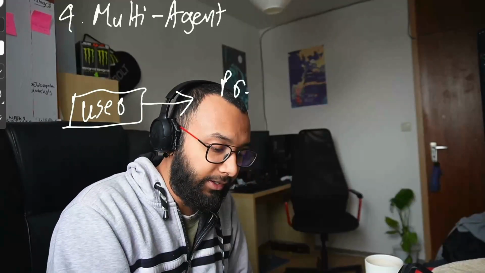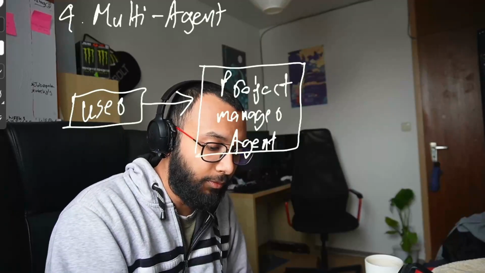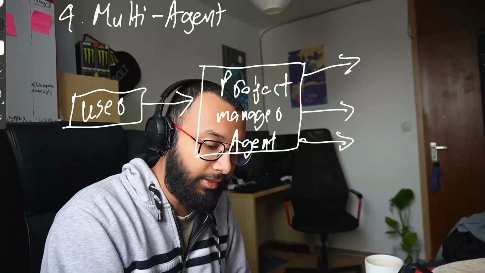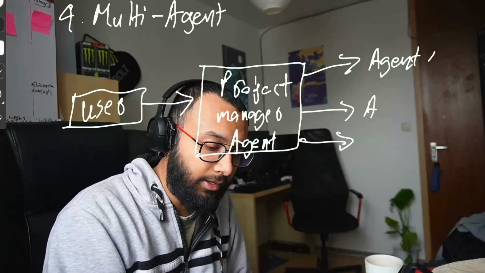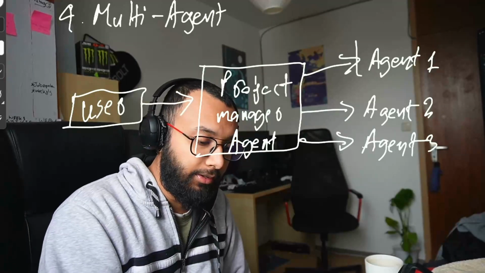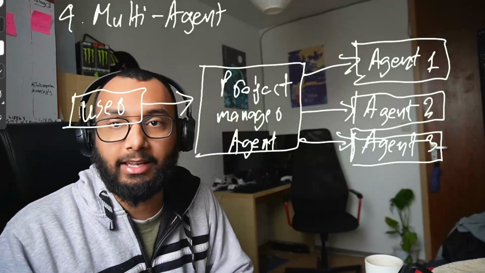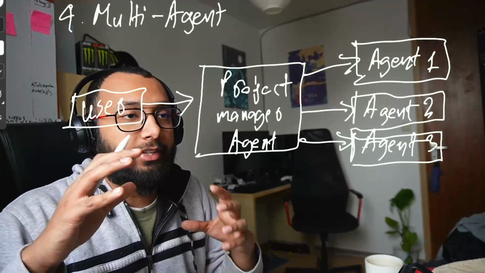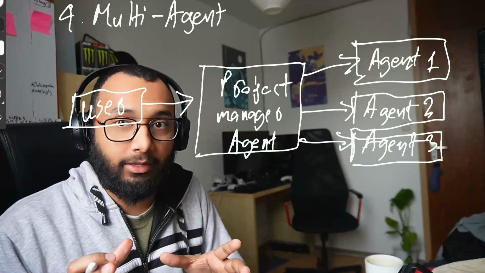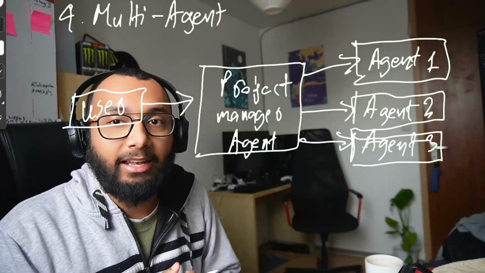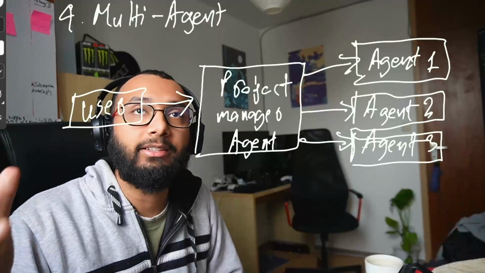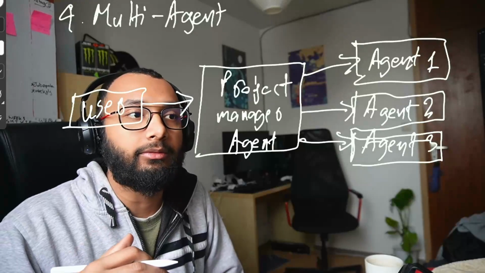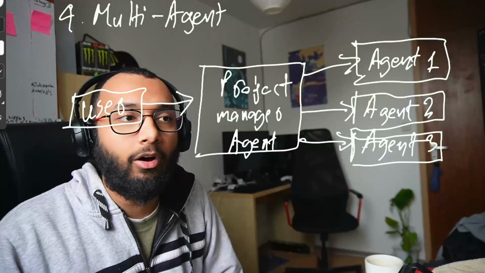Now, however, there is a project manager agent, which manages a project. It talks with several other agents: agent 1, agent 2, agent 3. These agents have their own responsibilities. What the project manager agent does is distribute the appropriate tasks to the appropriate agents, and it also takes back the responses from the agents and evaluates whether the task is well done or needs more work.